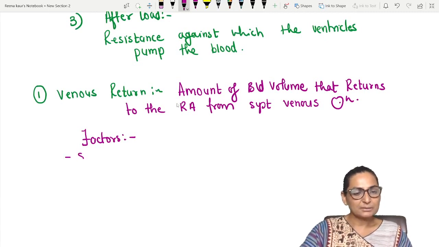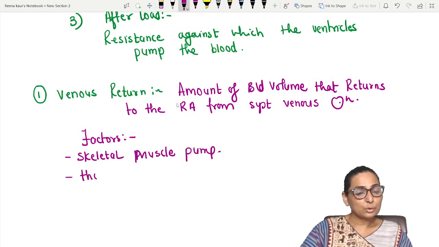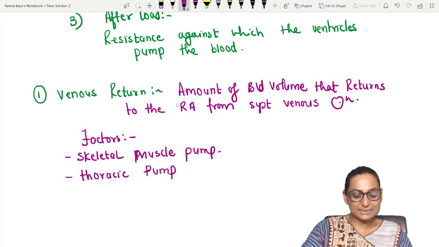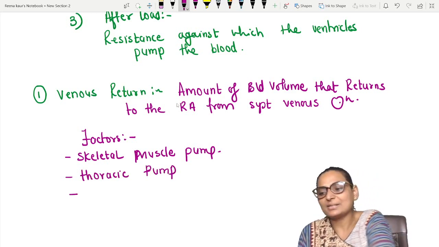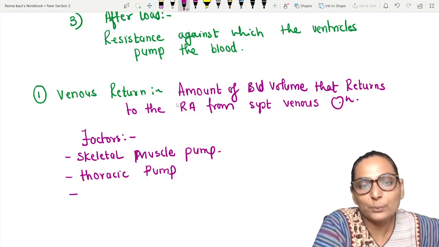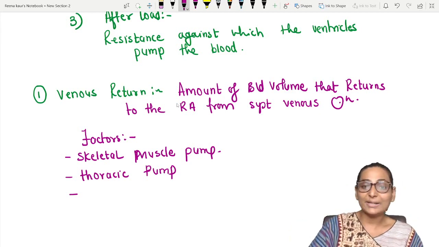These are skeletal muscle pump, thoracic pump, which we will elaborate. Okay, just write down, because you should also know how to write the answer. Sometimes you understand but you don't know how to write, and unless you write well, however much you understood, you won't get marks.